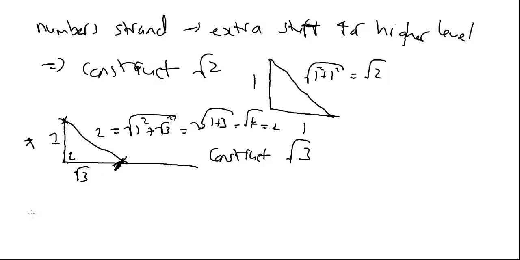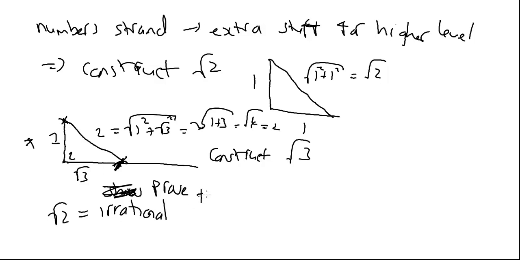Finally, we want to show that the square root of 2 is irrational. In fact, prove that it's irrational, which means it isn't rational.